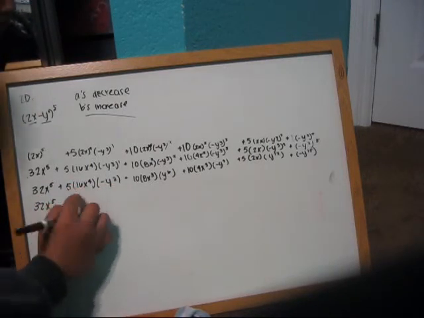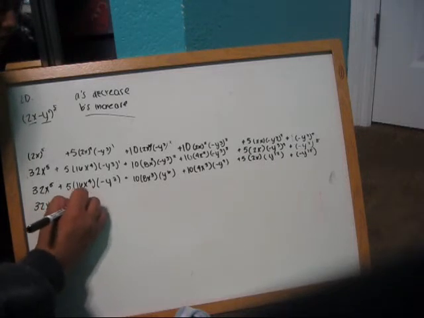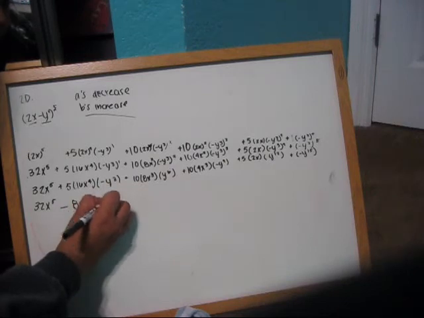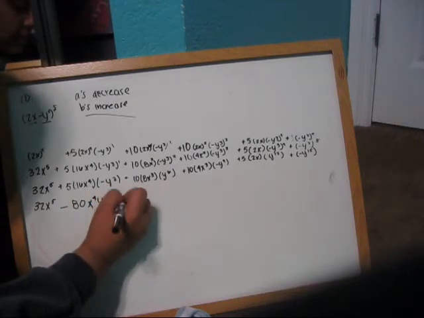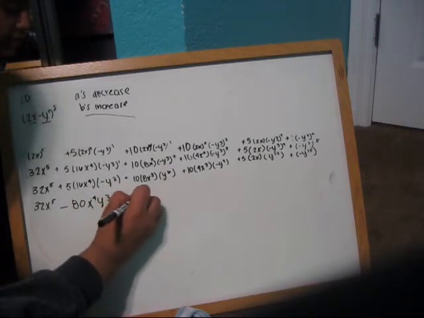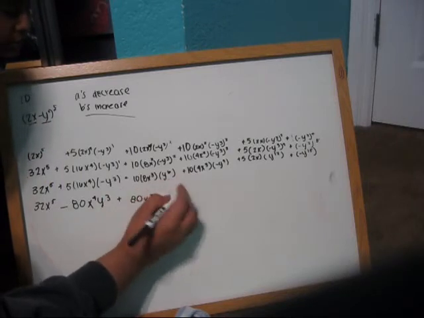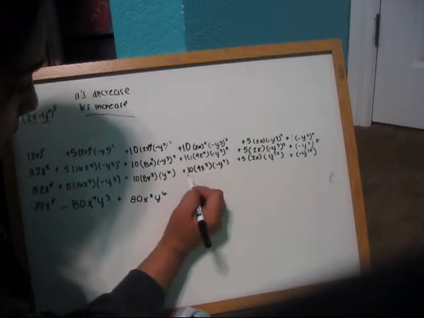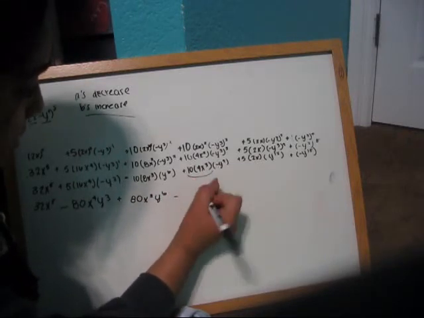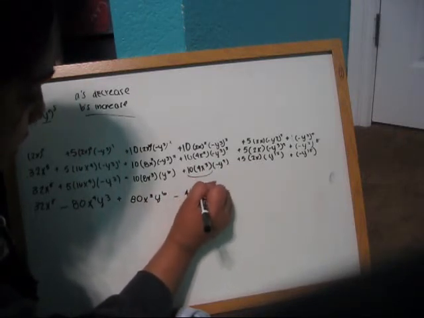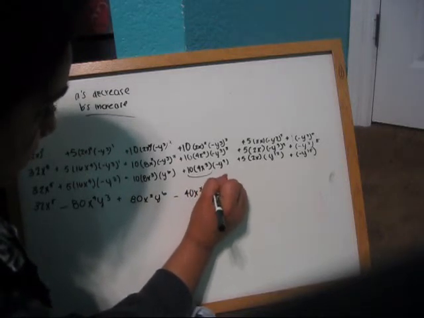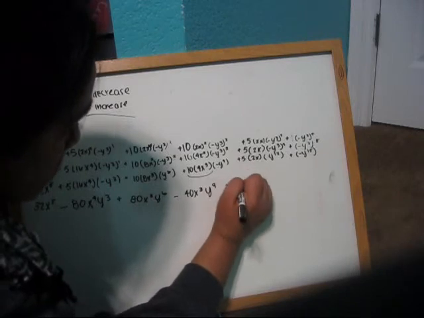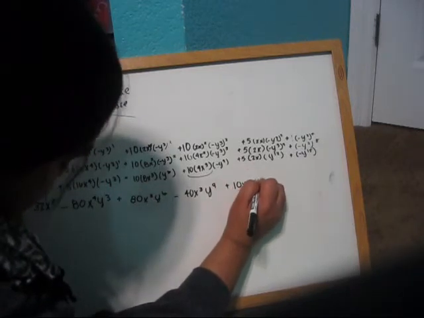So minus 5 times 16 is 80x to the 4th y cubed plus 10 times 8 is 80x cubed times y to the 6th. So your negative, again, distribute it. Minus 10 times 4 is 40x cubed y to the 9th plus 5 times 2 is 10x y to the 12th.